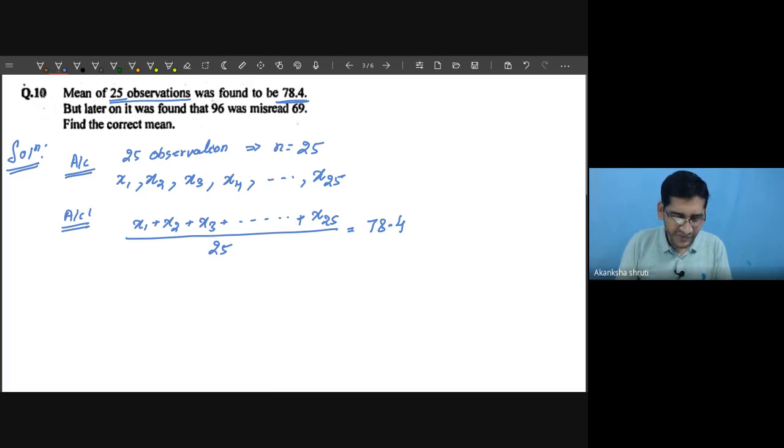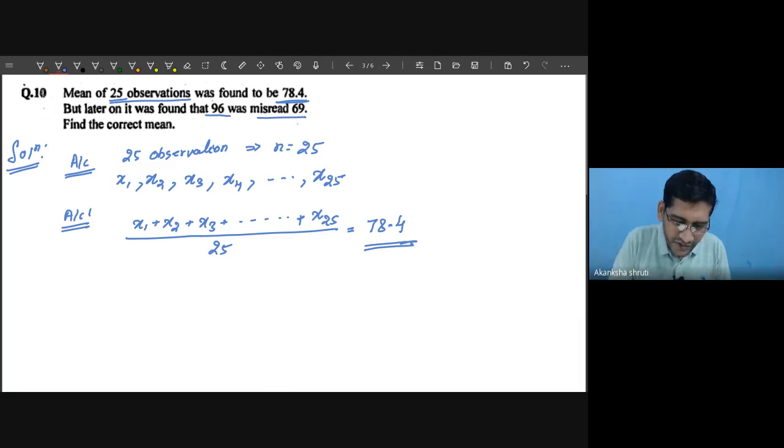Later on it was found that 96 was misread as 69. It means this mean of 78.4 was obtained by taking 96 as 69.